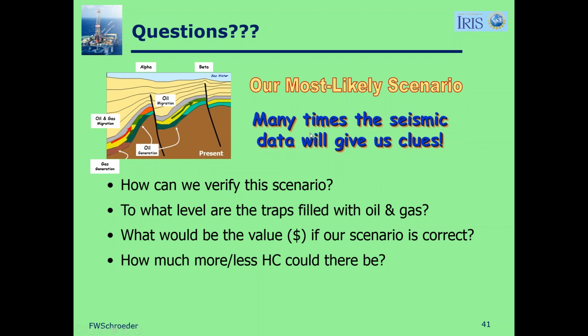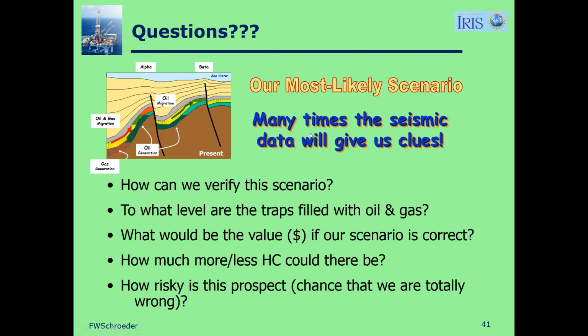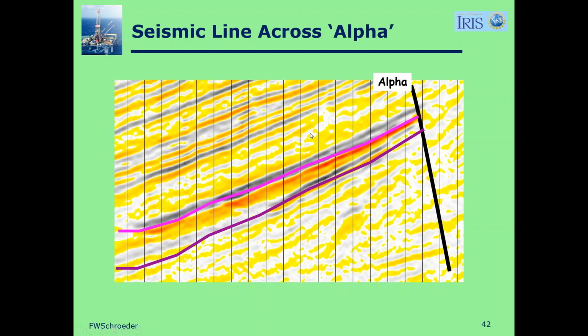And we could also consider what happens if there's more hydrocarbons, what happens if there are less. And I have to also ask, how risky is it that this prospect is going to be as this most likely scenario depicts? So here's that seismic line across alpha.